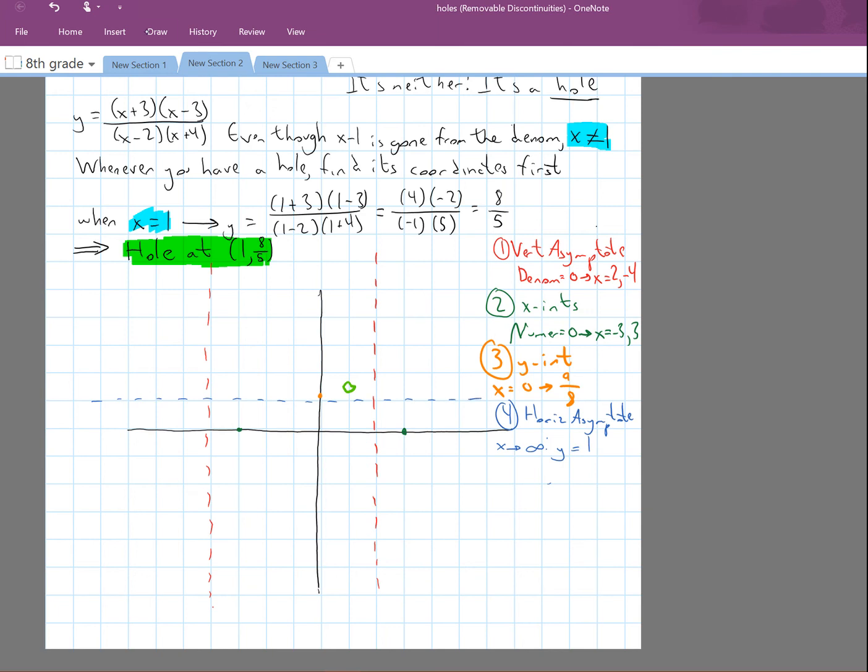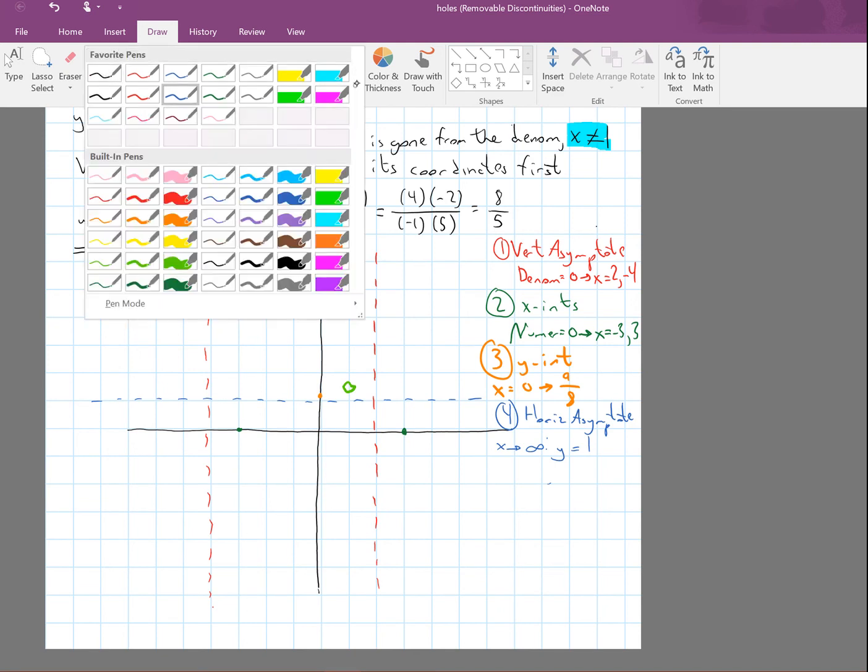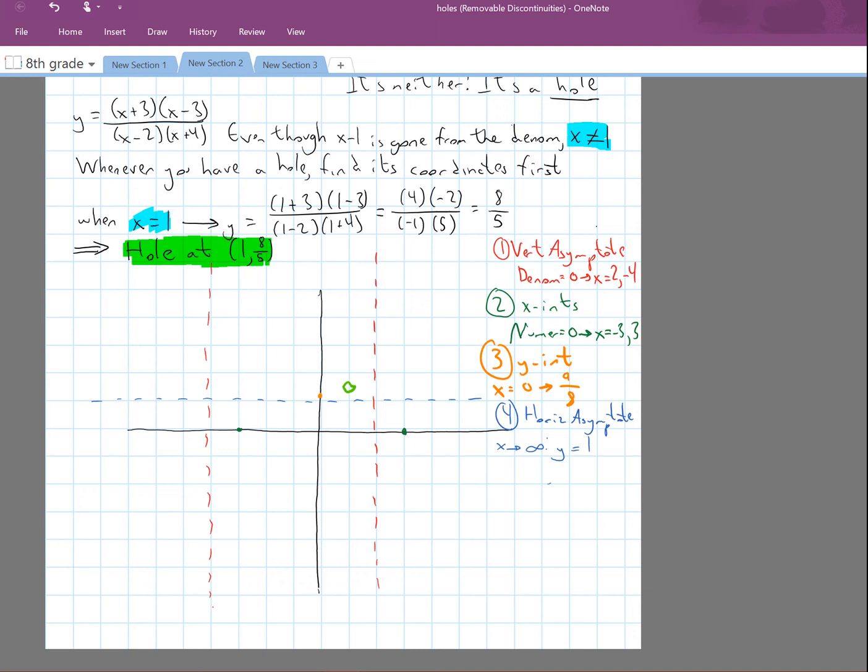Before we graph it, something we talked about last time was crossing the horizontal asymptote. I'm going to try to find an even different color to do this. Pink. So where would you cross the horizontal asymptote?